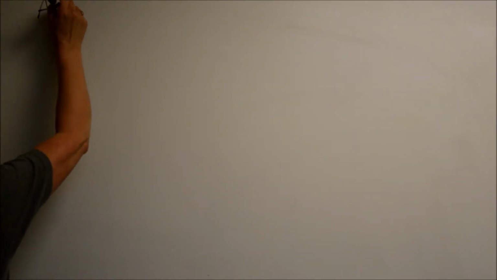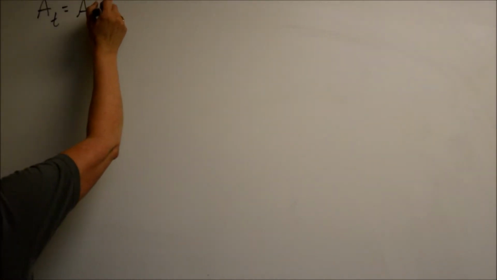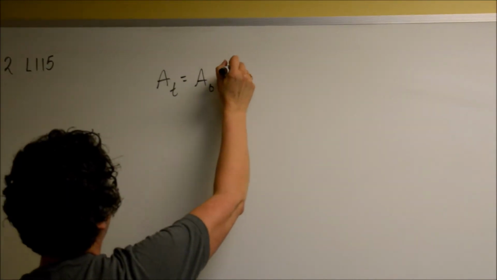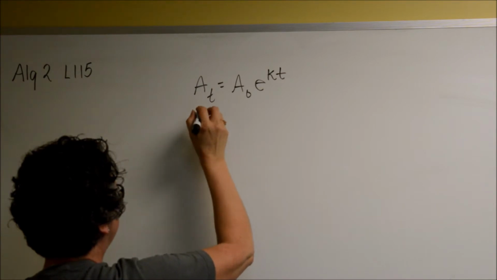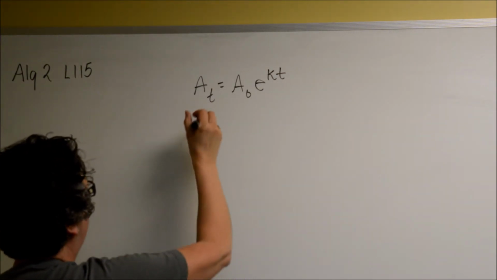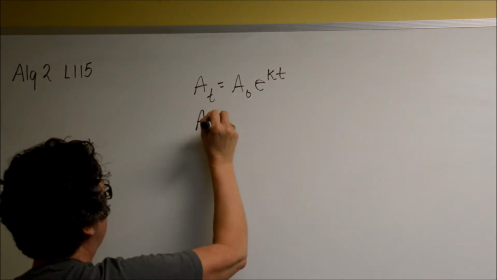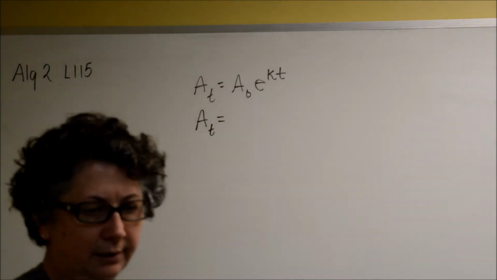In finance, the pattern is the same, but in finance we call the pieces by a little bit different name. Remember, I had A sub t is equal to A sub 0 times e to the kt power. But in finance, we can leave it A sub t.